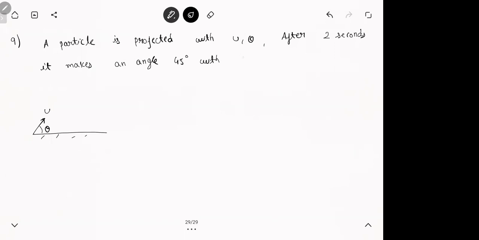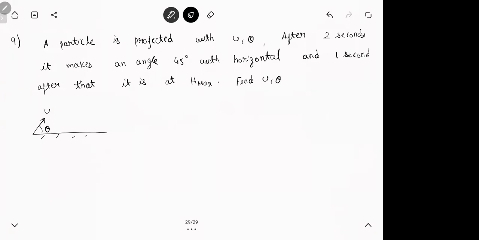So after 2 seconds, the angle became 45 degrees with horizontal. And 1 second after that, it is at H max. Now, if you see, this entire question is full, you need to pull data from this question. Find u and theta.